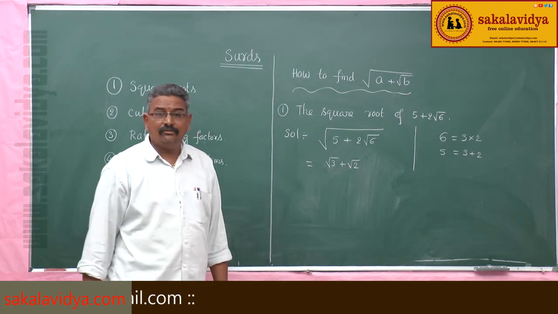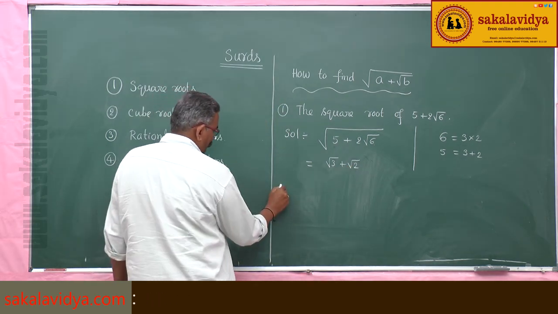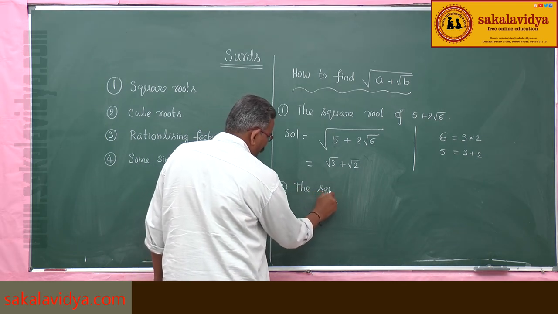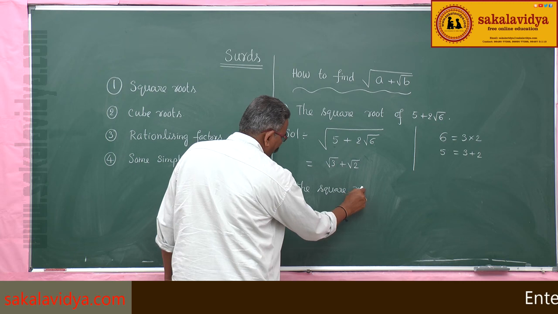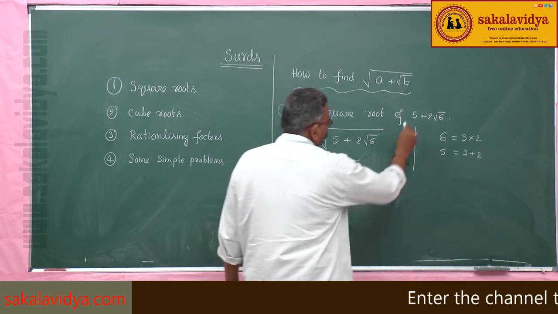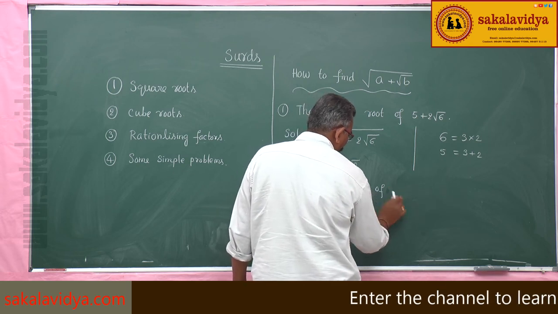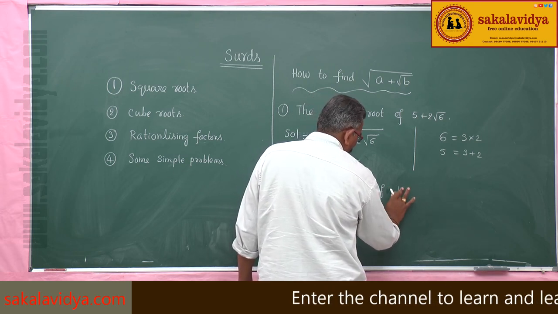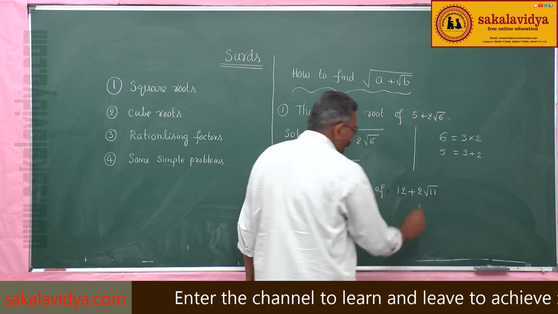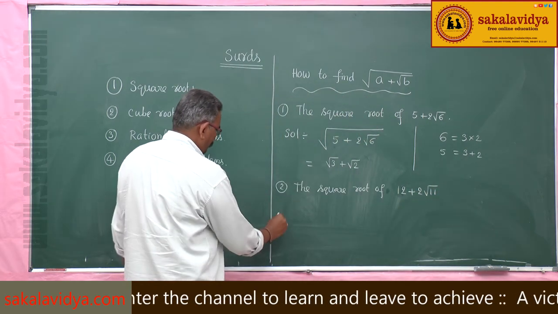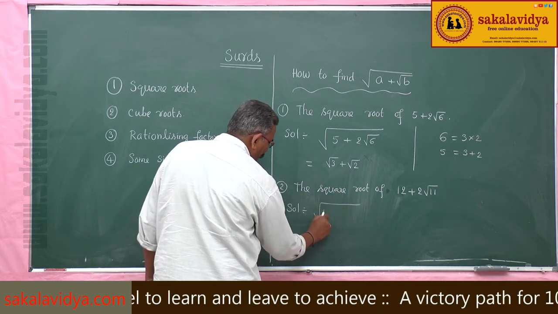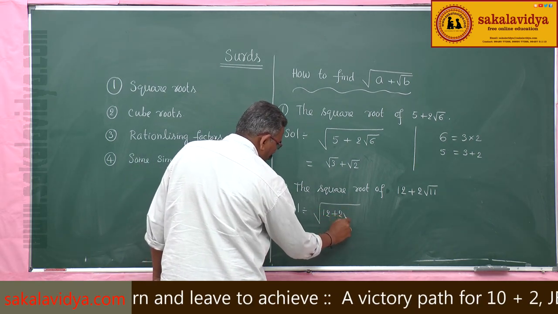Let us try one more problem. The square root of 12 plus 2 root 11. Here, the solution: the square root of 12 plus 2 root 11.